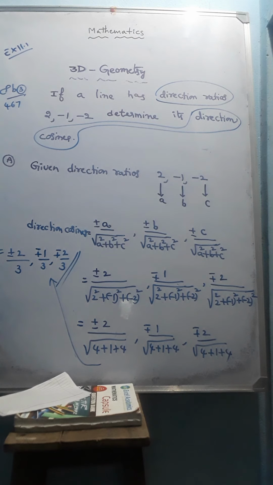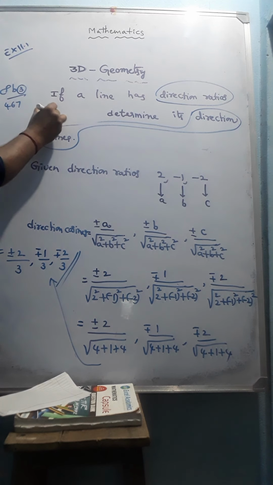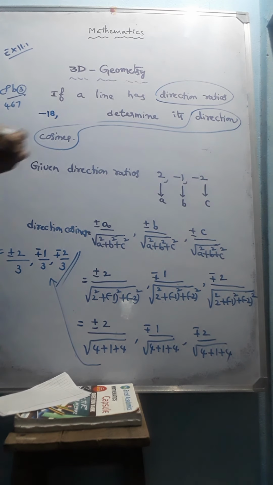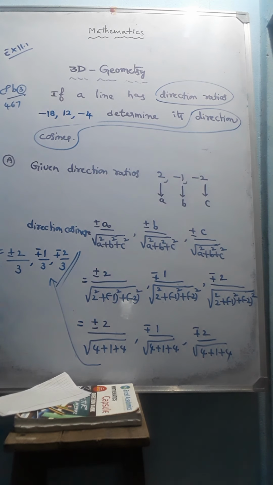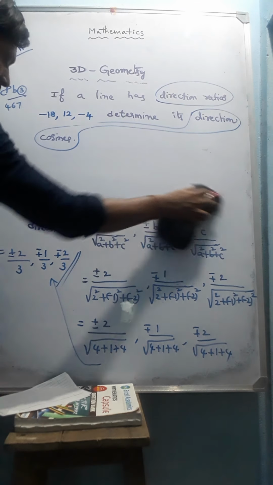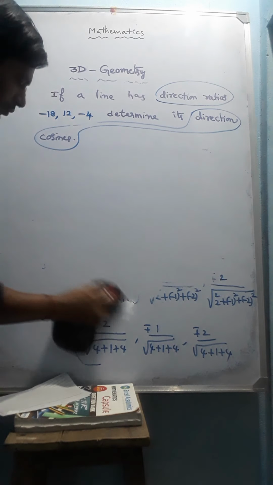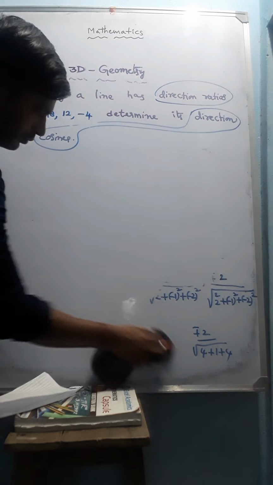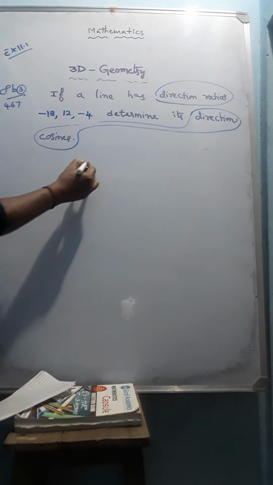If a line has direction ratios minus 18, 12, minus 4, determine its direction cosines. Okay, you can solve this problem. This is a homework problem.